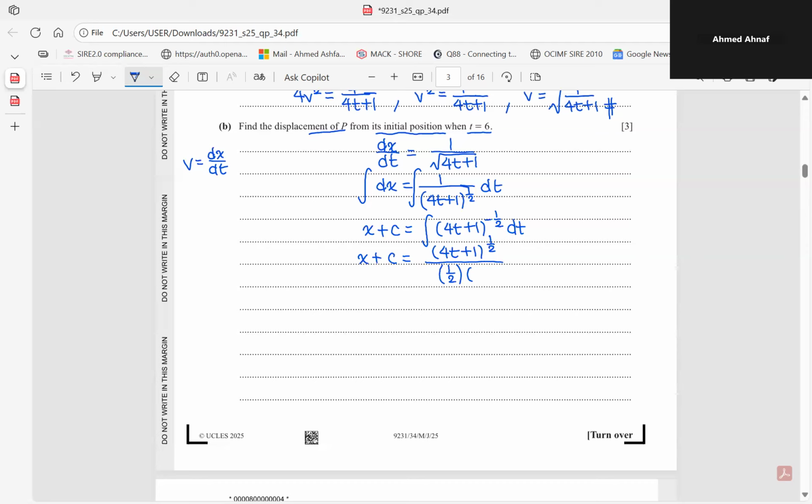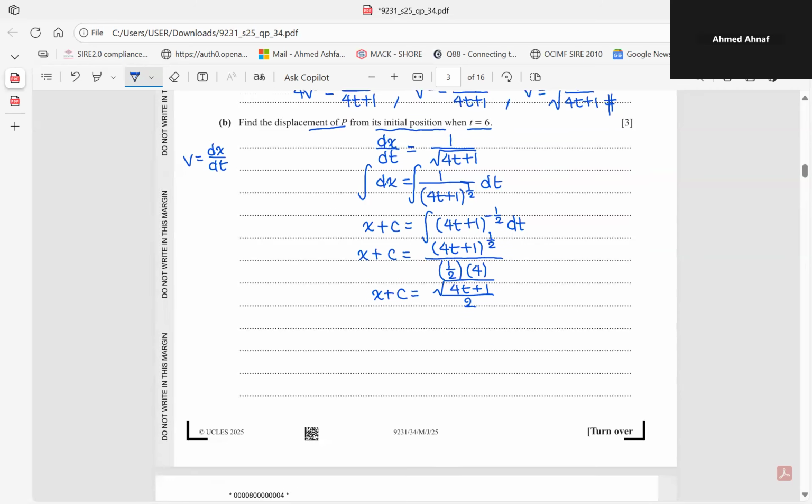The inner function is 4t plus 1; you differentiate it, you get 4. So x plus c equals the square root of (4t plus 1). Half times 4, that's just 2.